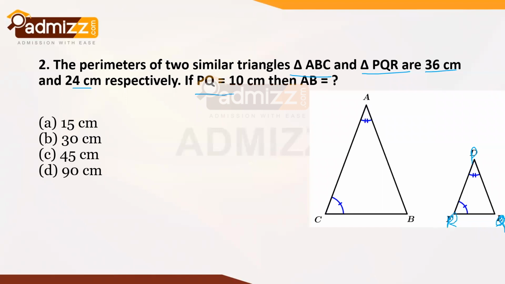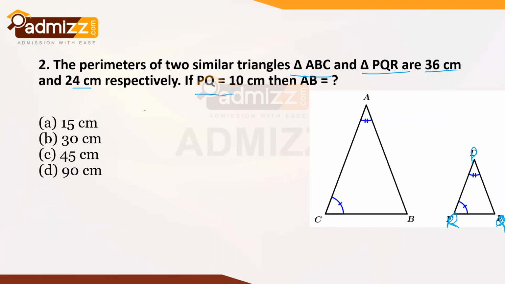So we know their perimeters, and we know the value of one of their sides, PQ. We know in case of similar triangles, the ratio of their sides are proportional.